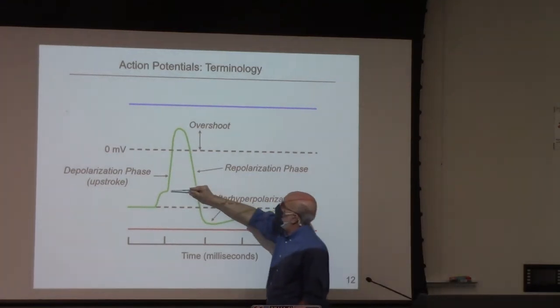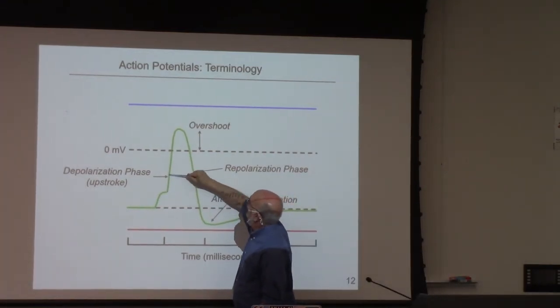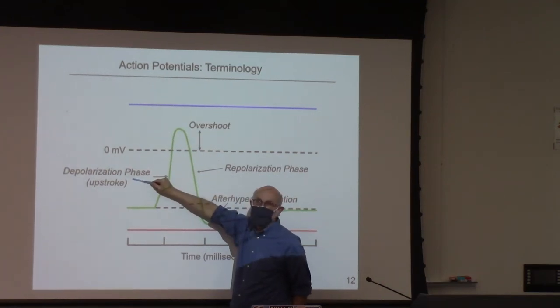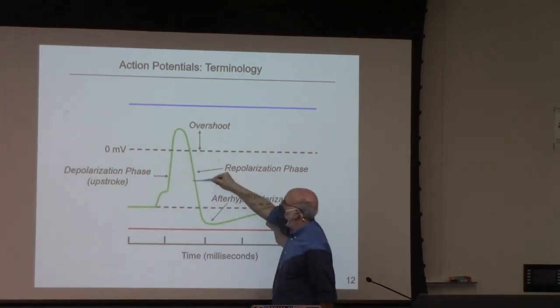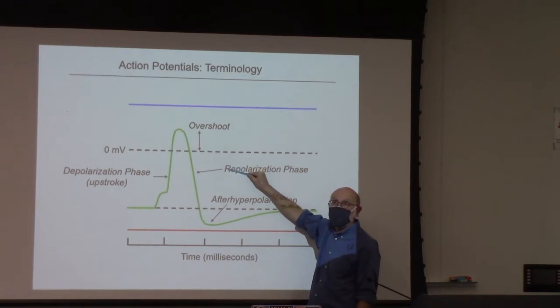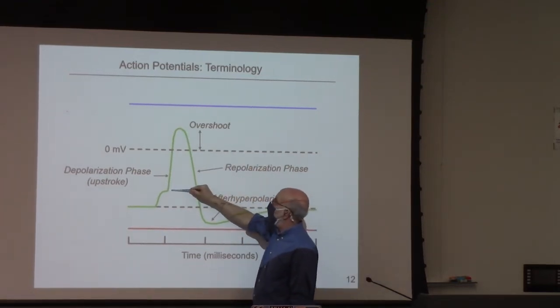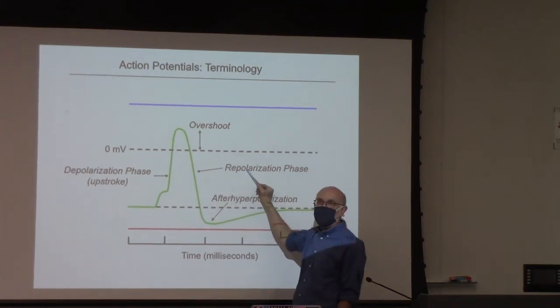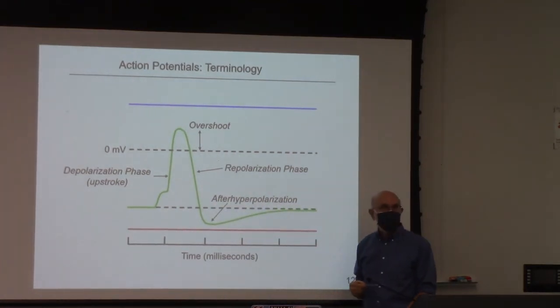You can talk about the upstroke of an action potential, the depolarization phase, and then the repolarization phase. Action potentials are large depolarizations, and they're very brief, so there's a phase of repolarization.